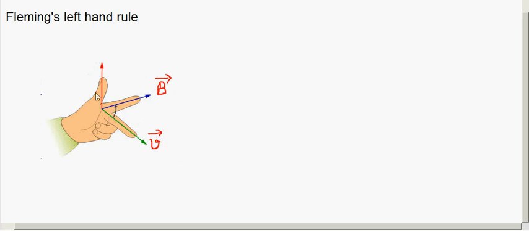Now take your left hand, stretch the first three fingers mutually perpendicular to each other in such a way that the forefinger is in the direction of the field and the middle finger shows the direction of the velocity. Then the thumb gives the direction of the force.